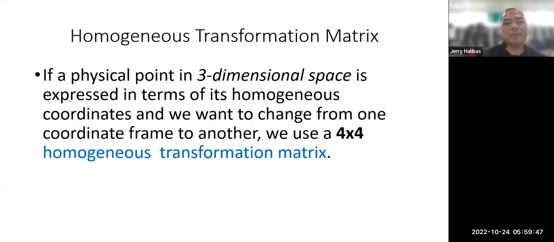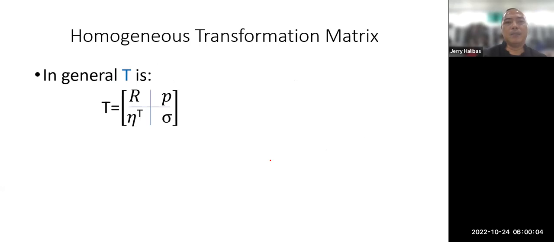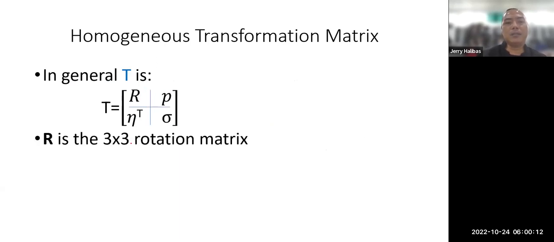Okay, so if a physical point in 3-dimensional space is expressed in terms of its homogeneous coordinates, and we want to change from one coordinate frame to another, we use the 4x4 homogeneous transformation matrix. Here, R is the fundamental rotation matrix.